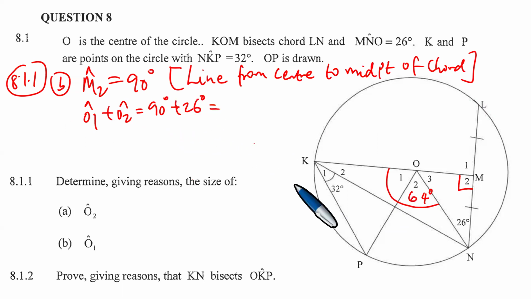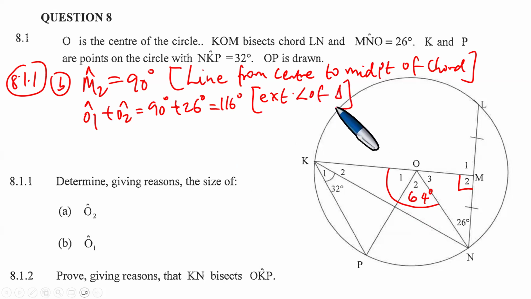And 90 plus 26 is 116 degrees. And the reason for this is the grade 10 reason: we have the exterior angle of a triangle. Grade 10.